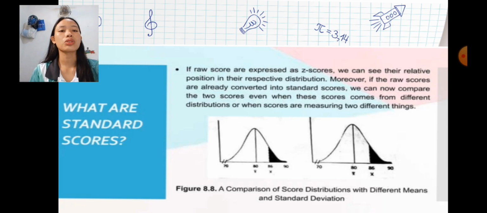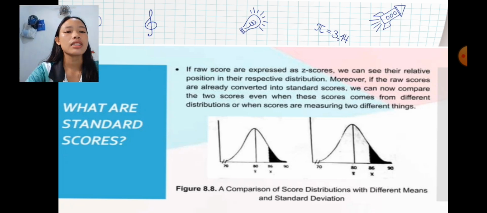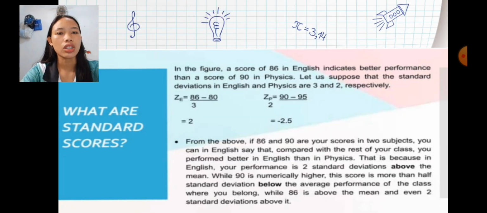Moreover, if the raw scores are already converted into standard scores, we can now compare the two scores even when these scores come from different distributions or when scores are measuring two different things. So let us take a look at figure 8.8. It is a comparison of score distributions with different means and standard deviations.